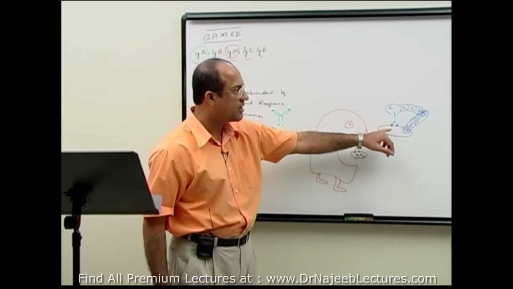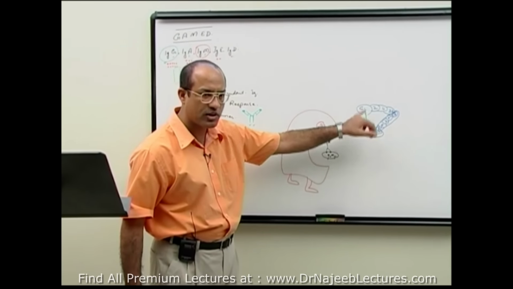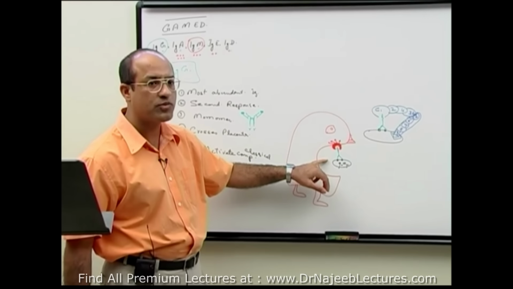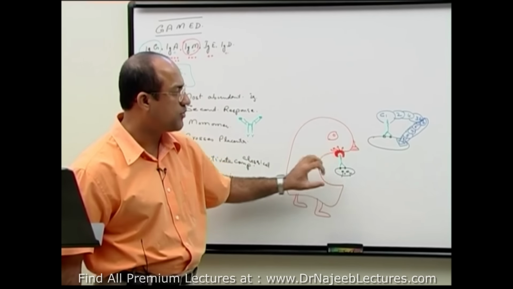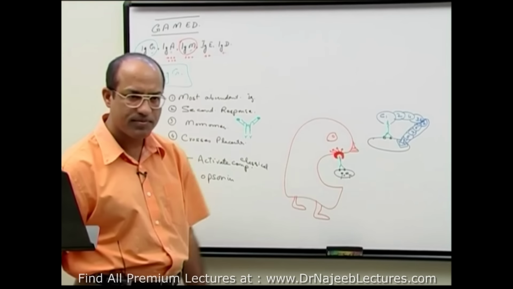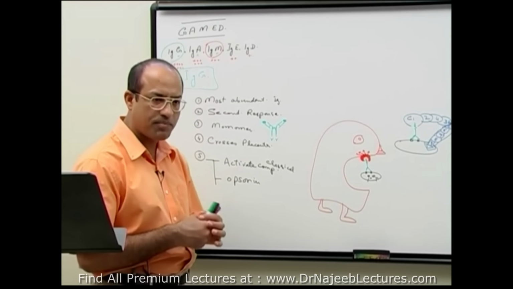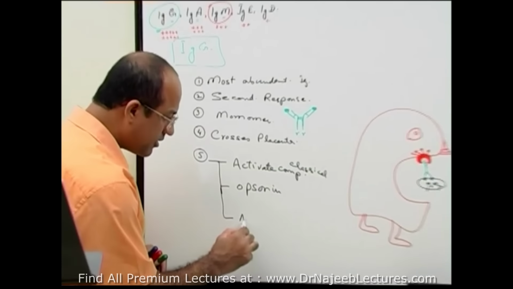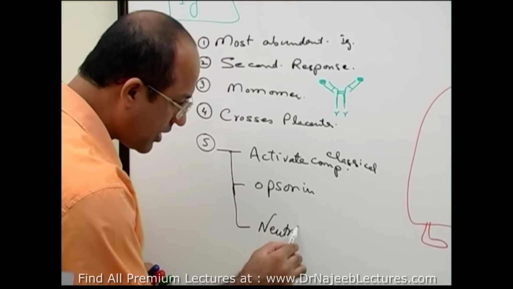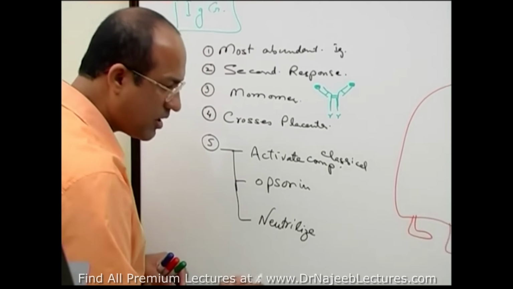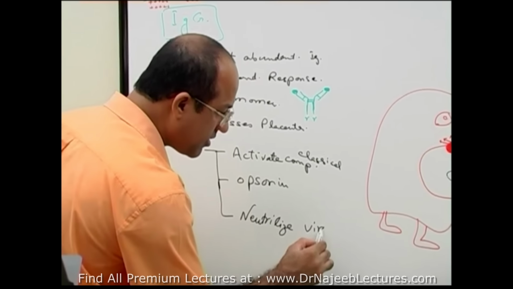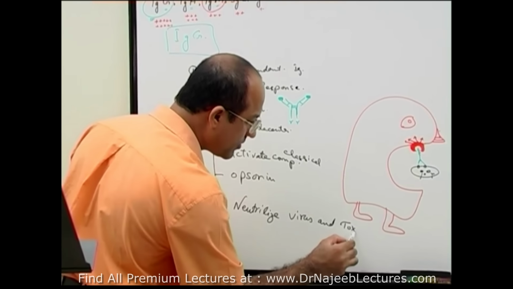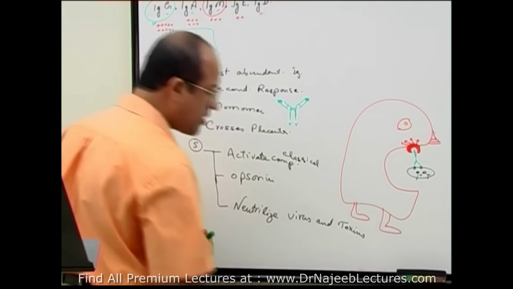So IgG can kill the bacteria by activation of complement, or IgG can help the neutrophil and macrophage to very effectively phagocytose the bacteria which are opsonized with the IgG molecule. Plus, the IgG molecule can neutralize viruses and toxins.